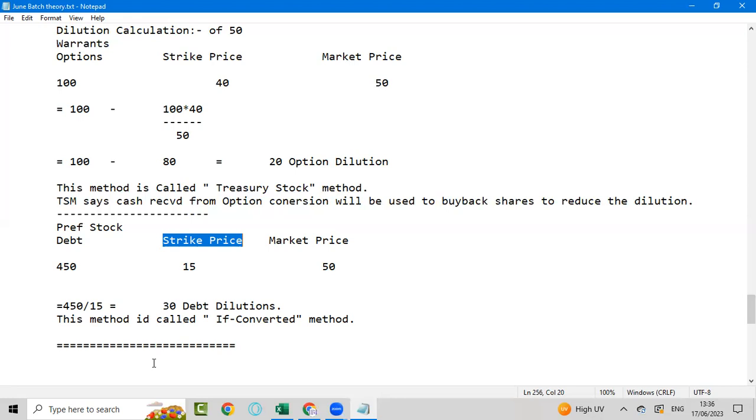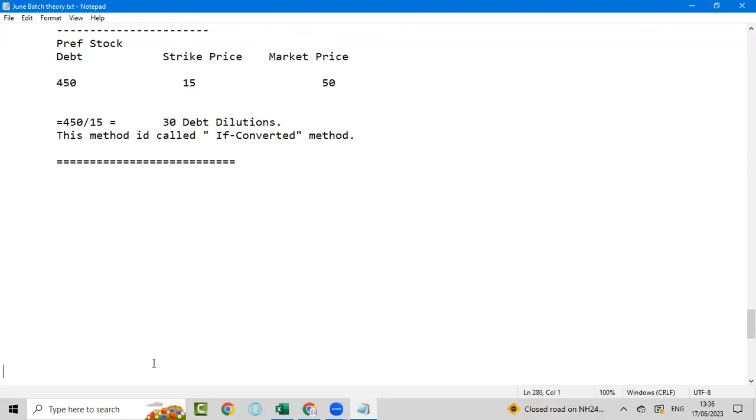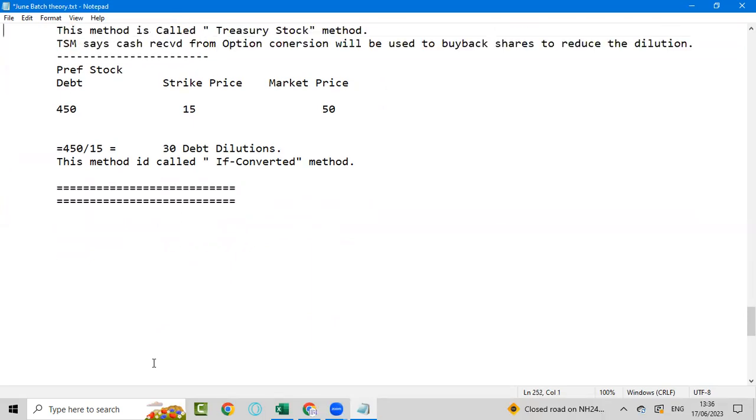What are anti-dilutive securities? What will be the effect of bonus share, stock split, and share buyback on EPS? Want to discuss? Okay. What is left? Clear this now?